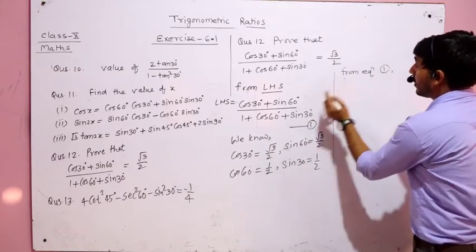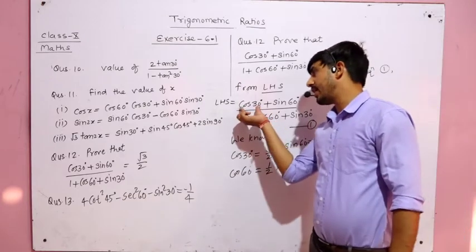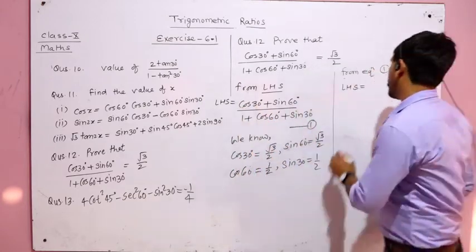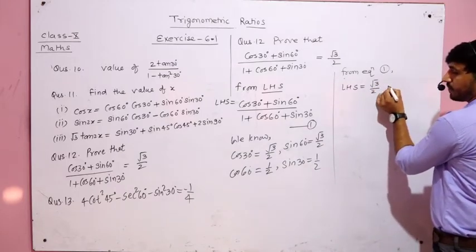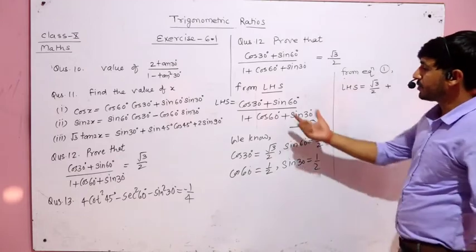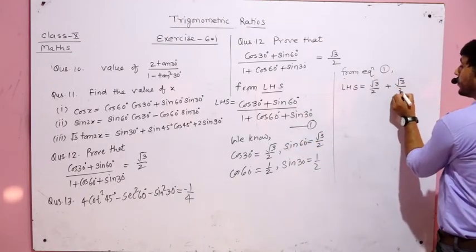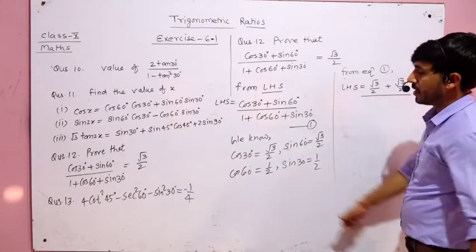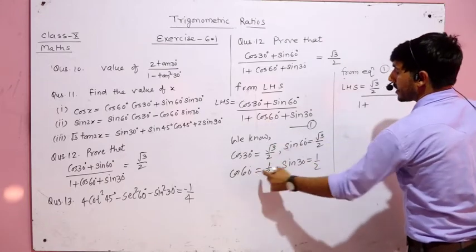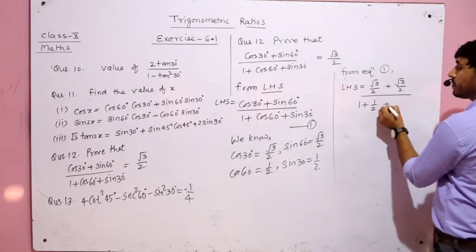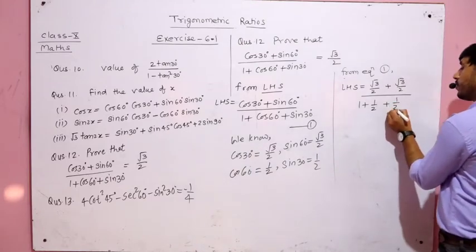LHS is equal to, first we substitute the value of cos 30 degree, given as root 3 by 2, plus the value of sin 60 degree, given as root 3 by 2, divided by 1 plus the value of cos 60 degree, which is 1 by 2, plus the value of sin 30 degree, which is also 1 by 2.